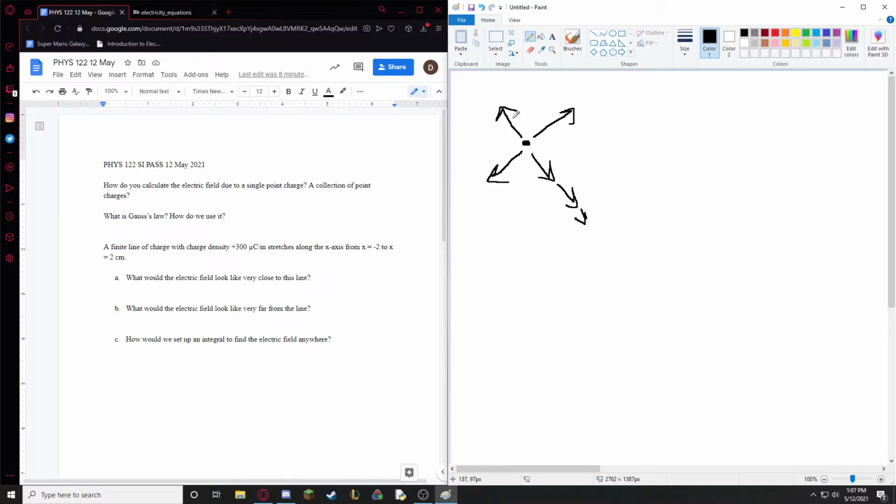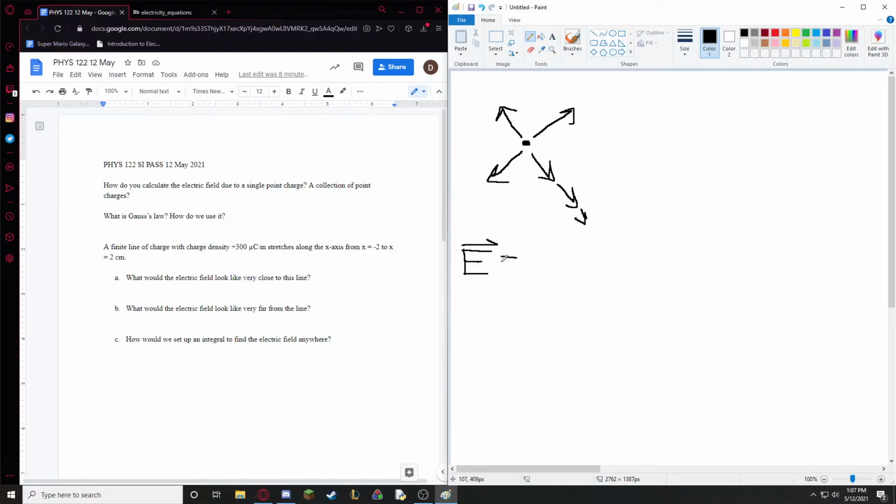What law do we use to find the electric field due to a point charge? It starts with the C. Exactly, Coulomb's law. What is Coulomb's law? k Q1 Q2 over r squared.